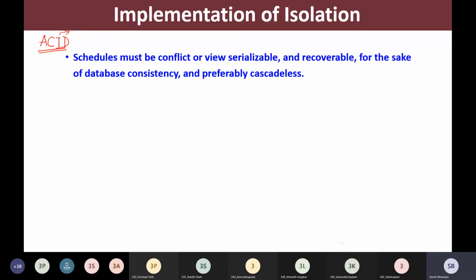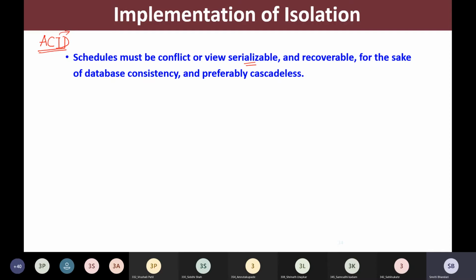Whatever schedules are generated by the scheduler, those must be serializable. We have gone through the concept of serializability in the last class, and we mentioned 2 notions under this concept: conflict serializability and view serializability.